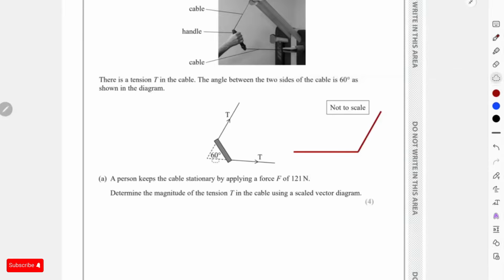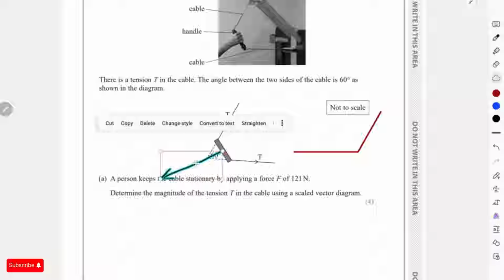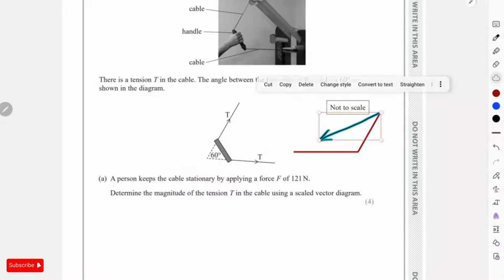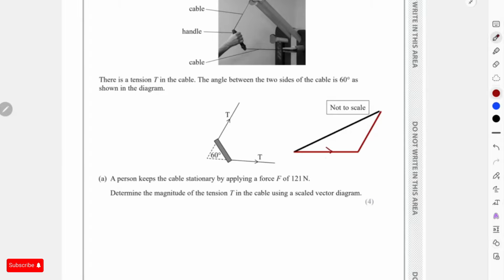As the student is pulling this object in the downward direction, this line should be connected over here. I'll use my auto correction and draw a perfect line. The arrows will be like this: this is towards the right, this tension is upward, and this is the force of 121 Newton in the downward direction.